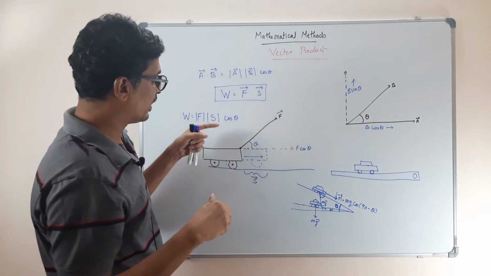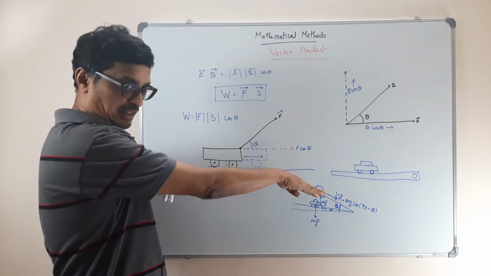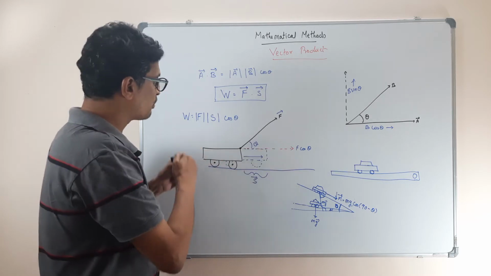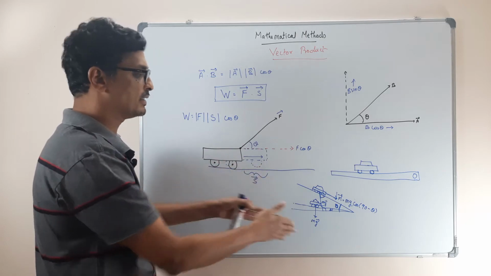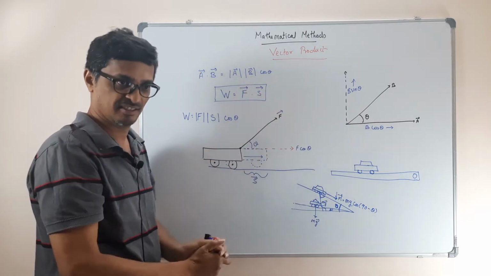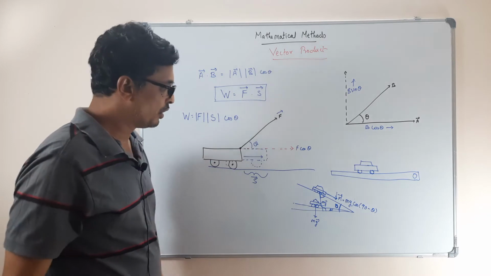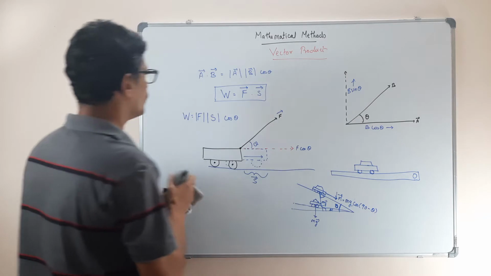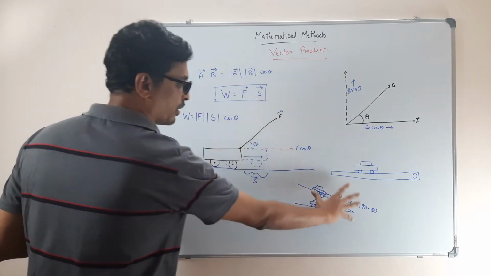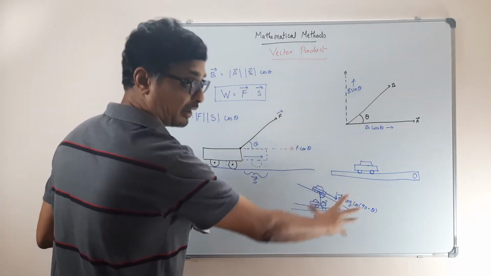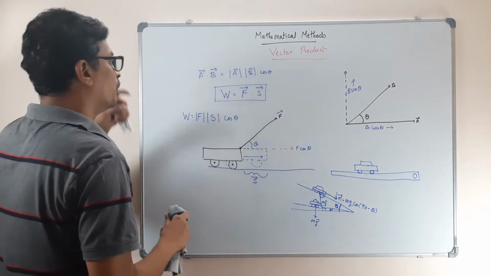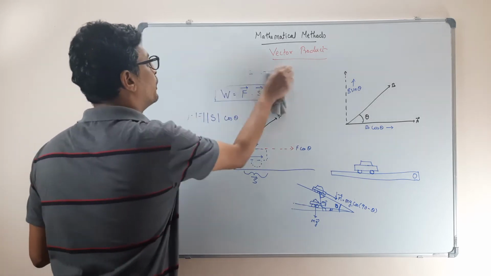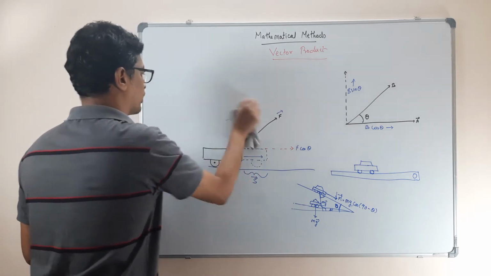And where the dot product comes in, in a dot product, what matters is the component of the vector along that direction. That's what we are doing here. So this is a simple example of a scalar product, and an example of how vector components matter in physics.